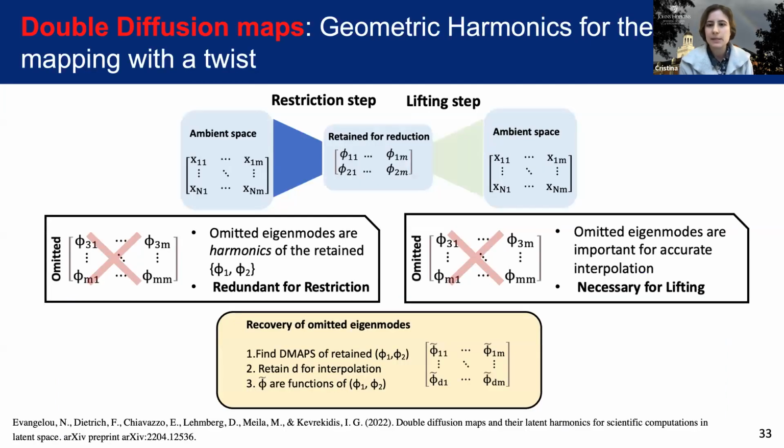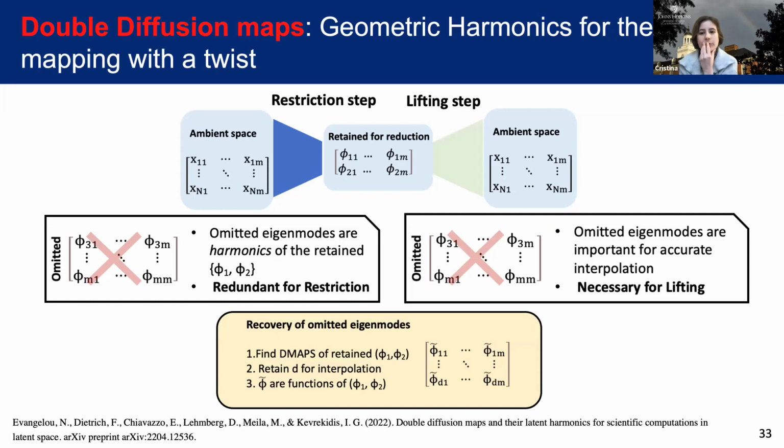And double diffusion maps is also implemented because from the ambient space of the Swiss roll, which was n-dimensional, to go to the 2 coordinates in the reduced space, eigenmodes were omitted, the ones that are harmonic, because they are redundant for the restriction step. However, if you want to go back to a lifting space, then the redundant eigenmodes are important in order to make accurate interpolation.